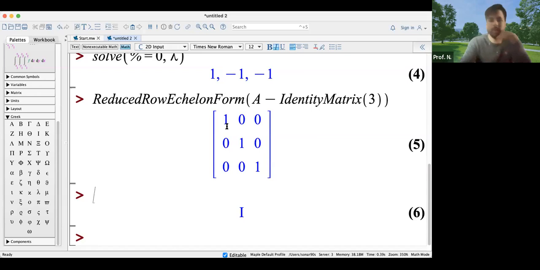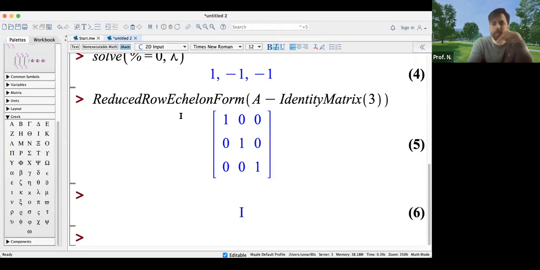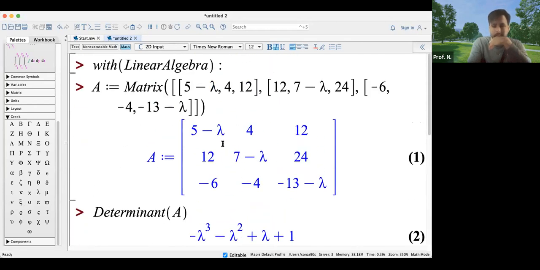Okay, yeah, it's not going to work this way the way I thought it would. But regardless, you find the row reduced echelon form of A minus lambda times the identity, and the A that I'm referring to is the original A that we had.